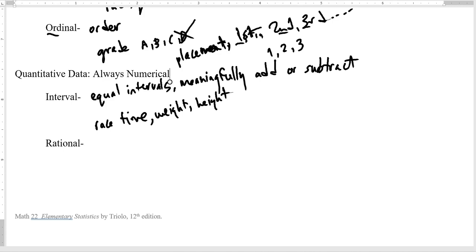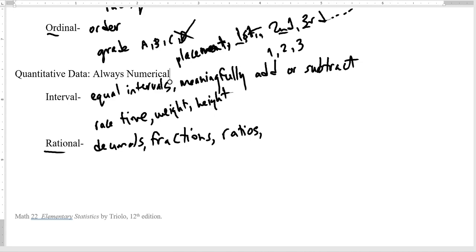Rational is where we get ratios. The big key feature on this is where you get a lot of your decimals and your fractions. Okay, decimals, your fractions. Give it a second. Okay, we get ratios.